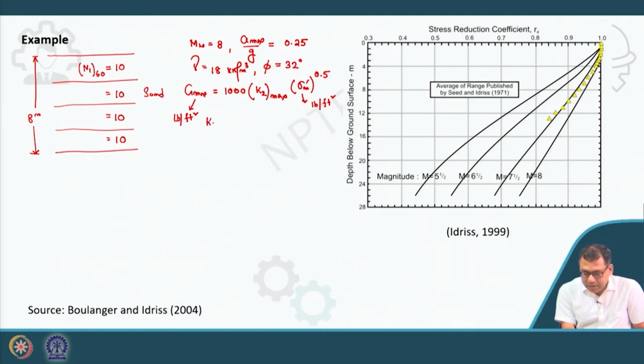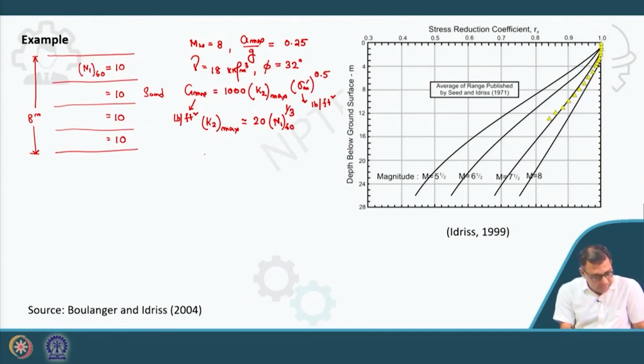Now for K2 max, here the N160 value is known, so I will use that expression of 20 into N160 to the power 1/3. That expression I will use. Okay.